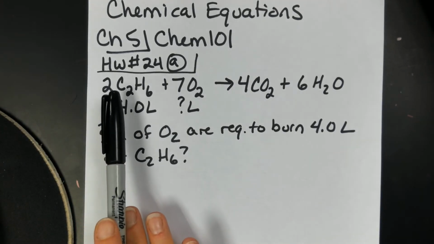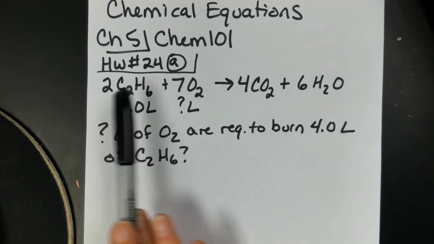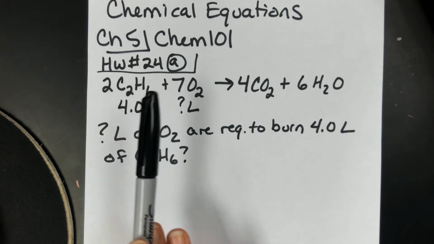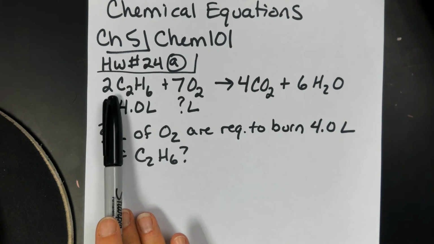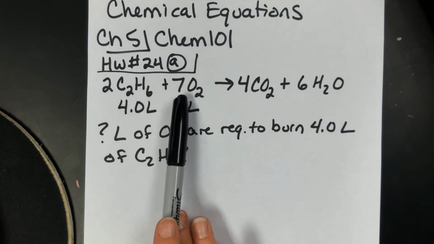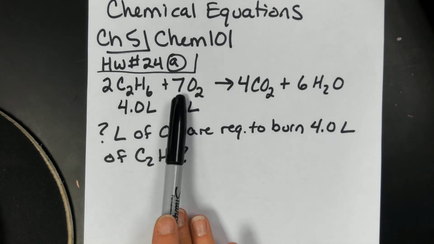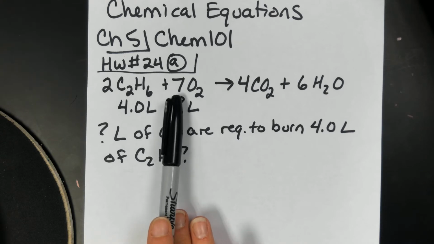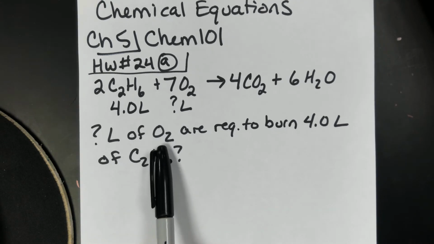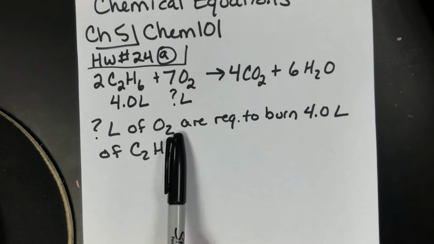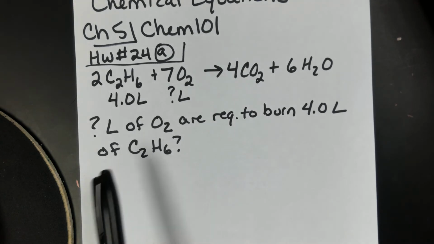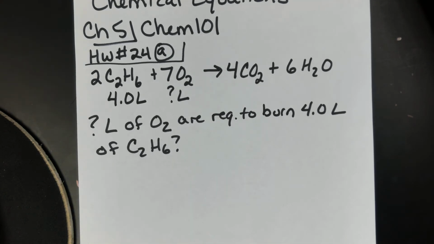So you could say either 2 moles of ethane reacts with 7 moles of oxygen, or you could say 2 liters of ethane will react with 7 liters of oxygen. Why? Because remember, the gases behave a little strangely. They all take up the same volume for the same number of moles.